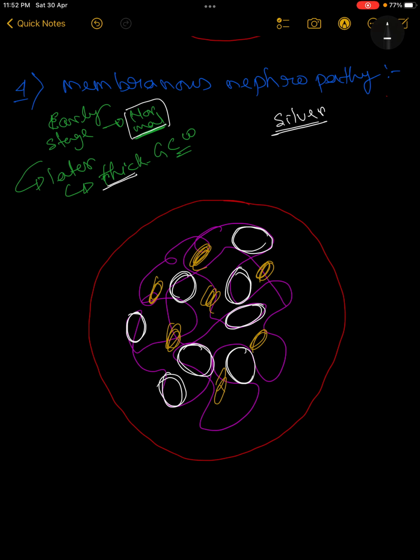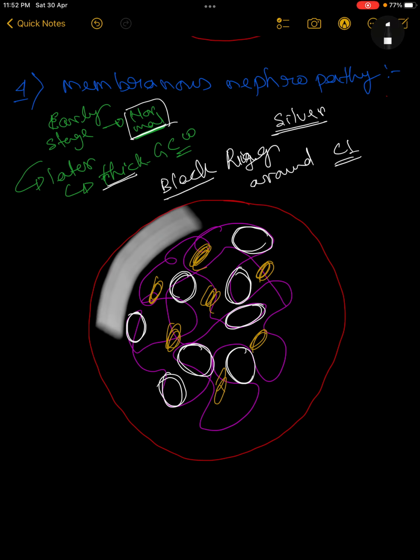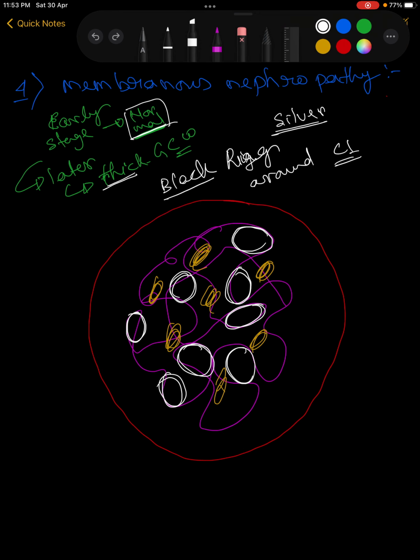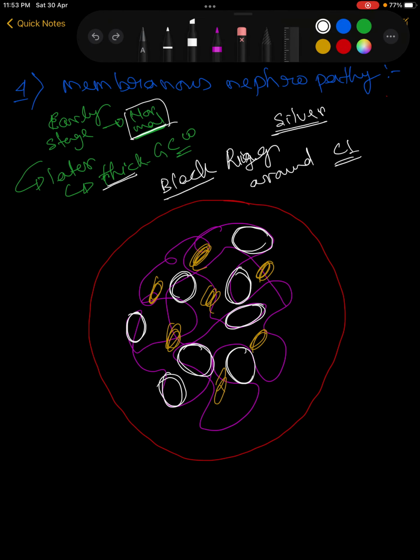It's very easy. Normal and a black ring around the capillary lumen, and that's all. Here you can see this Bowman space is also normal, right? You can easily find this Bowman space also. So it's normal, just the silver stain, and it will be black around the capillary.